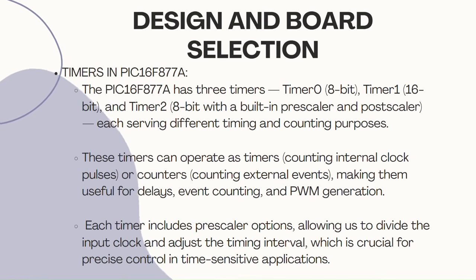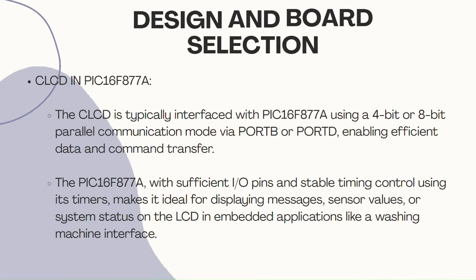These timers can operate as timers, meaning they can count the internal clock pulses, or they can work as counters, counting the external events, making them useful for delays, event counting, and PWM generation. Each timer includes prescaler options, allowing us to divide the input clock and adjust the timing interval, which is crucial for precise control in time-sensitive applications.